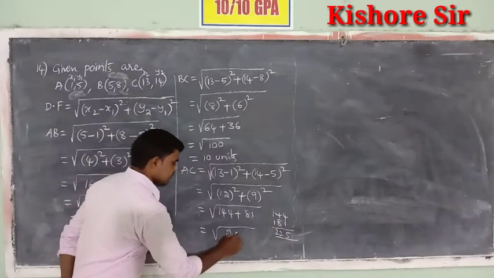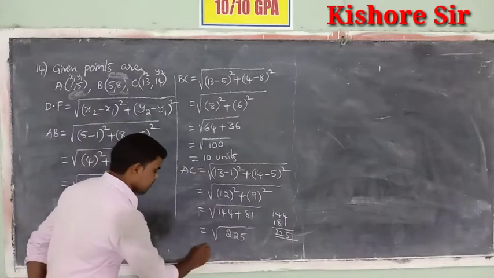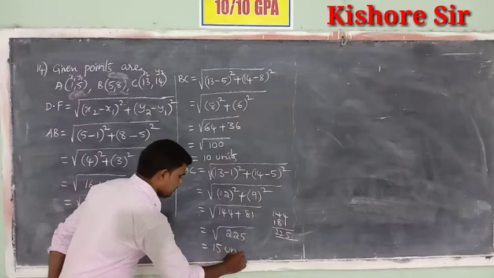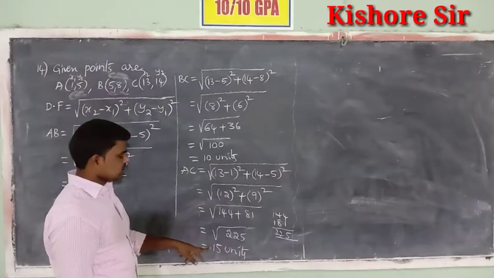Square root of 225 is 15 units. Here the distance between A and C is 15.